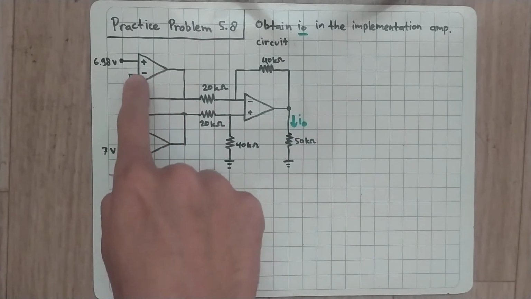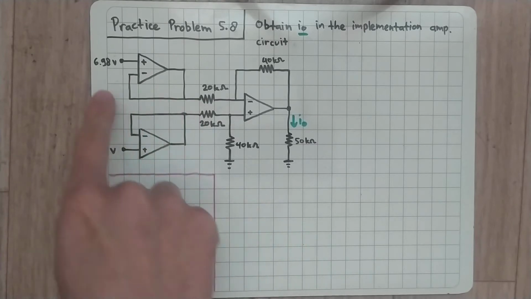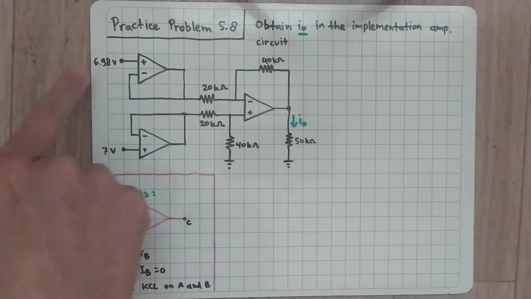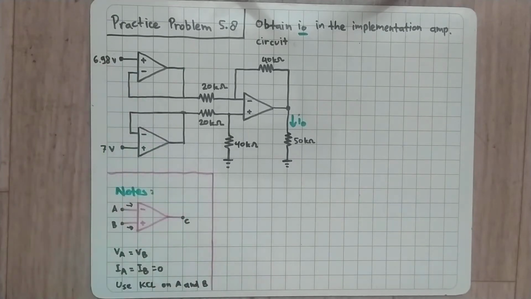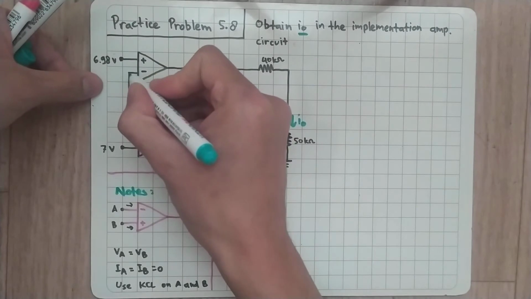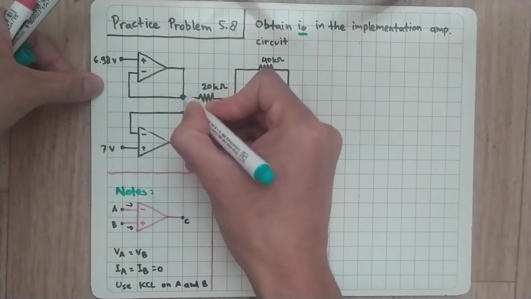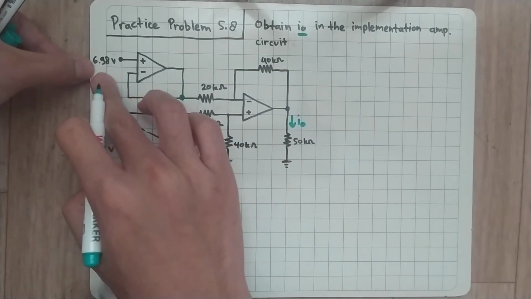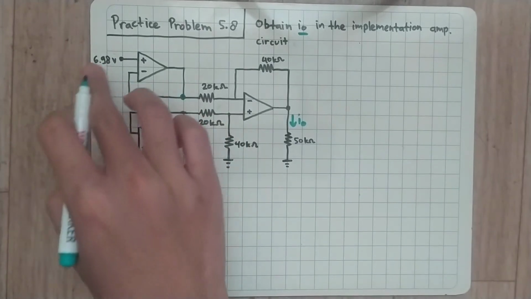We have this connected here, but the other side is connected here. So this is supplied with 6.98 volt. So that will make this node here the same as this voltage.